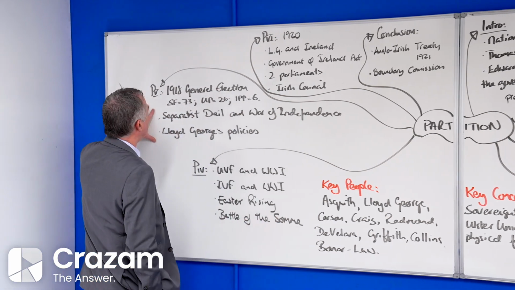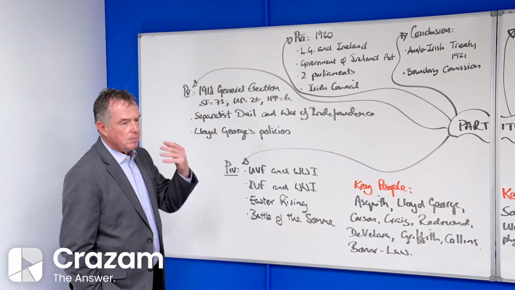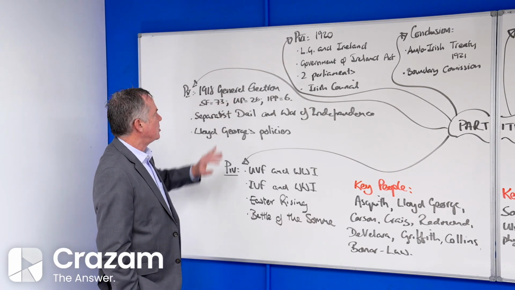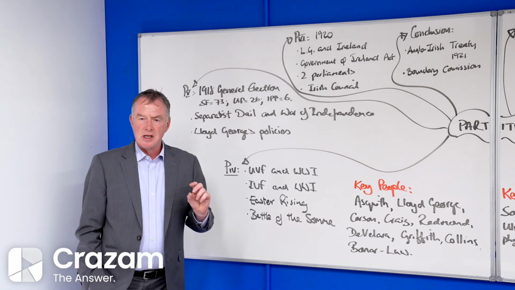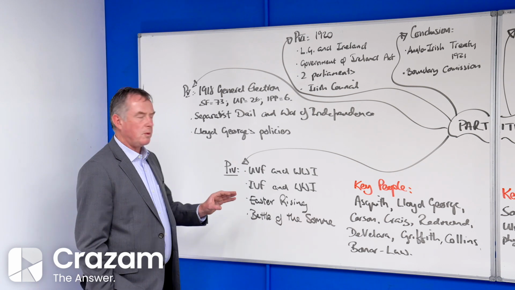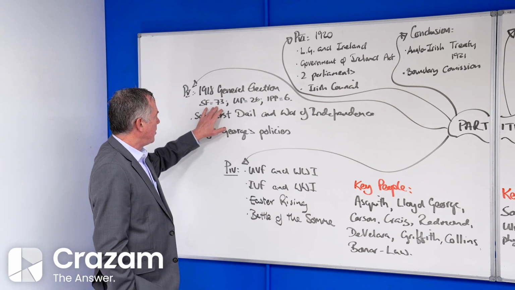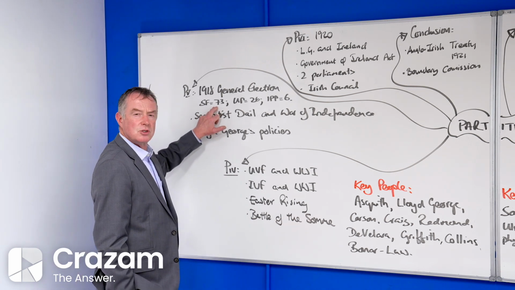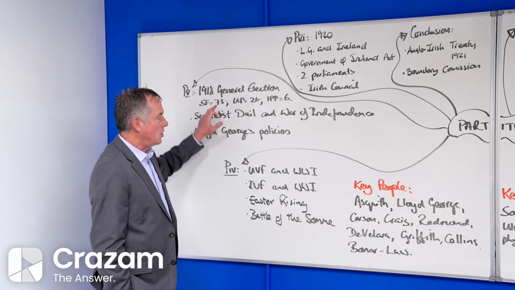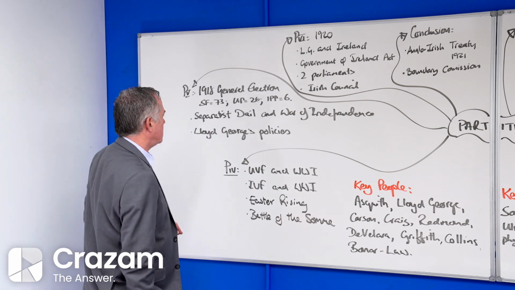When we get to paragraph 5 then, we're going to get into the real move towards the solution to the Irish problem. And the 1918 general election is key in this. We can see that change in public opinion that took place after 1916 and the breakthrough of this new separatist Republican Party, Sinn Féin, with 73 seats, nearly all of them in the 26 county areas.